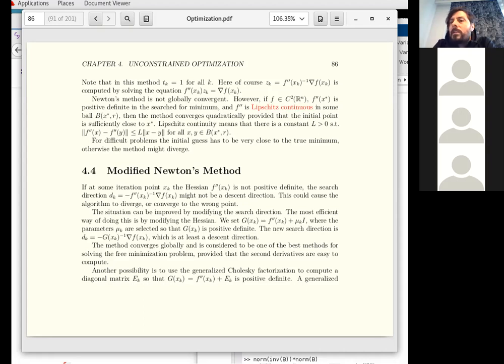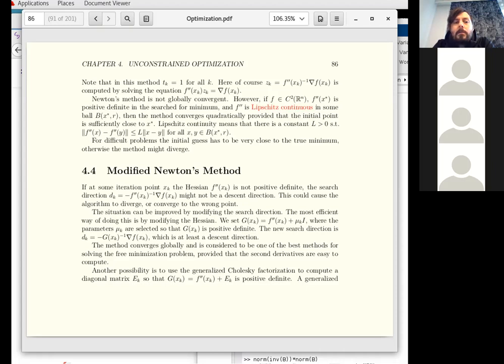We may end up increasing the function. This means that we may get convergence to a wrong point. And this is not actually an uncommon occurrence. We will see examples in the exercises of situations where the Hessian is not positive definite, and consequently, the algorithm will not converge.